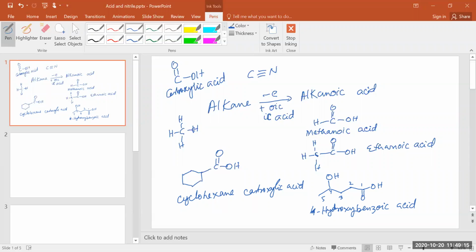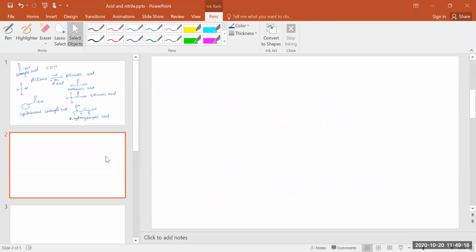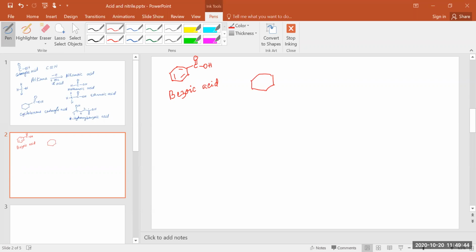Similarly, if an aromatic ring is there, they are called benzoic acid. And if other functional groups are there, then those functional groups generally become derivatives.